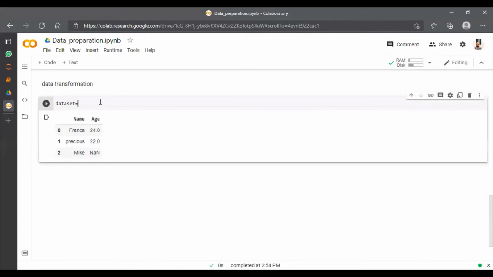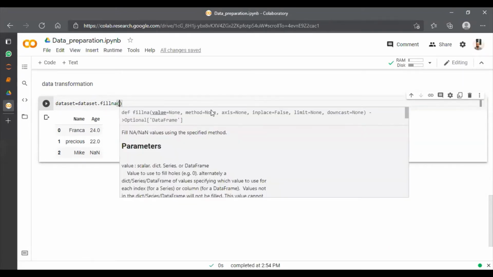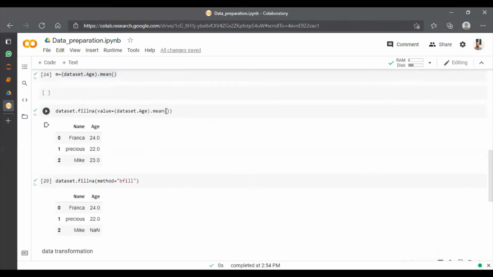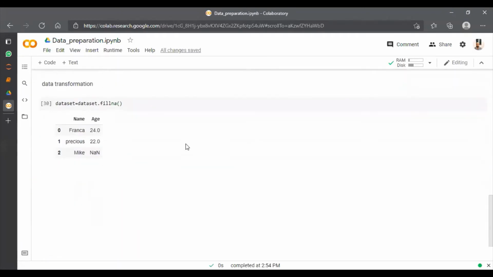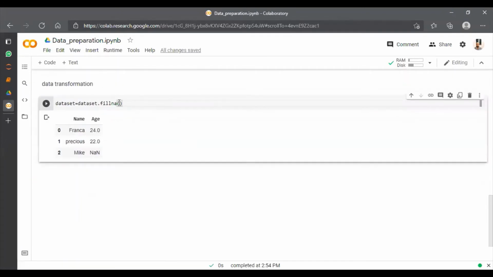Before we move to data transformation, in Mike's value, we can insert the value already. With fillna, let's just fill it with the mean of the data set, like we used before: value equal to the mean of age, the average value of age.